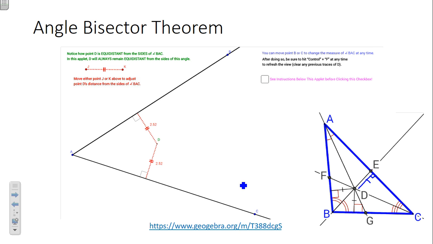So that point is equidistant from the sides. If I call these points H, I, and J, then DH, DI, and DJ are all the same distance away because of the ticks.